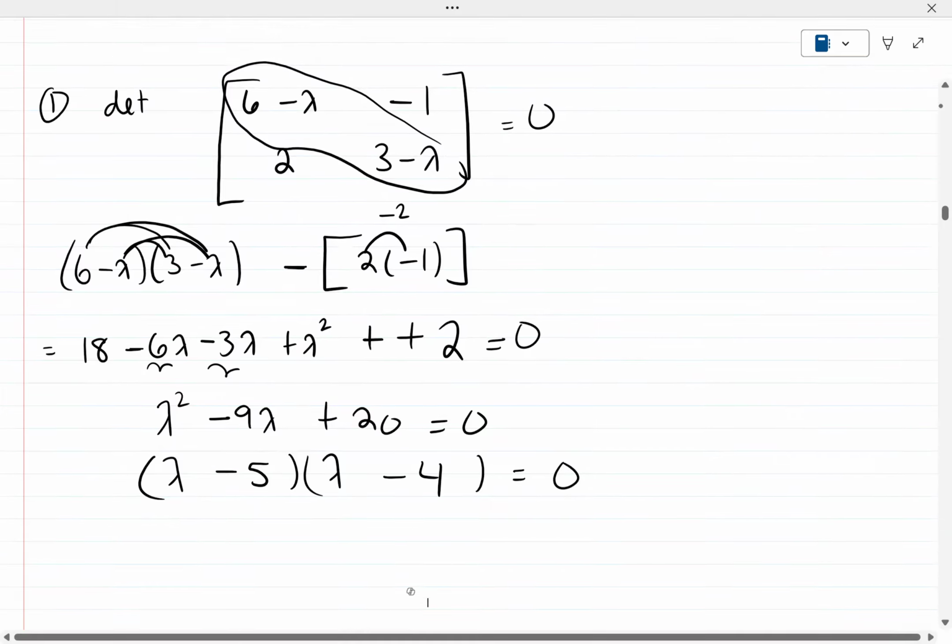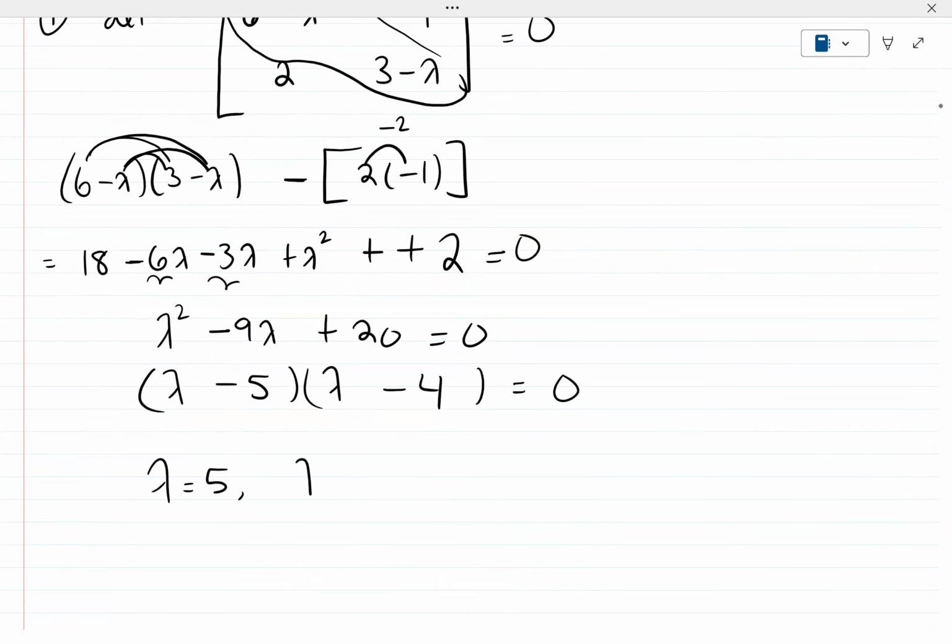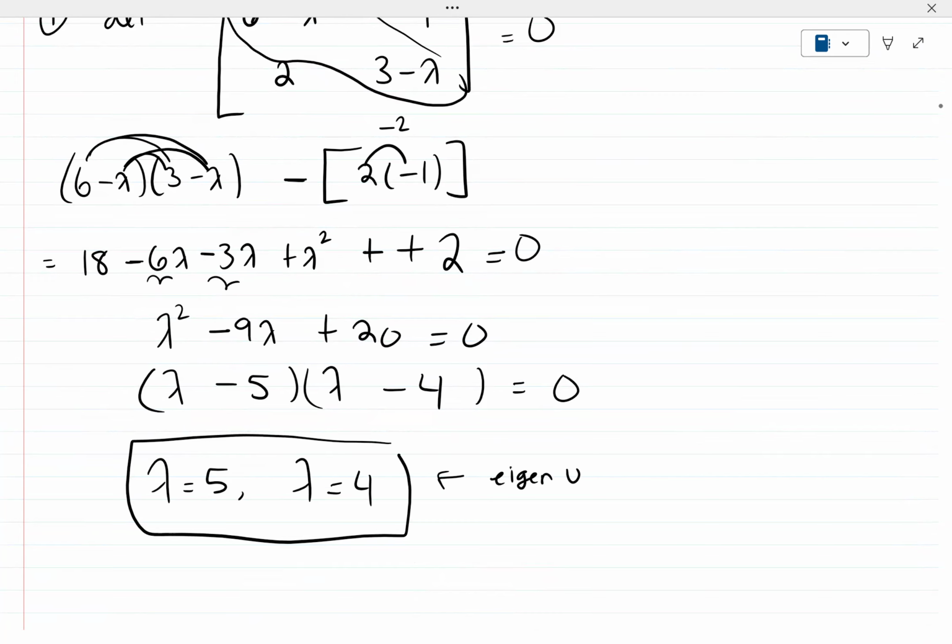Okay, so now we found our lambdas: lambda equals 5 and lambda equals 4. What this means is we have two distinct eigenvalues.